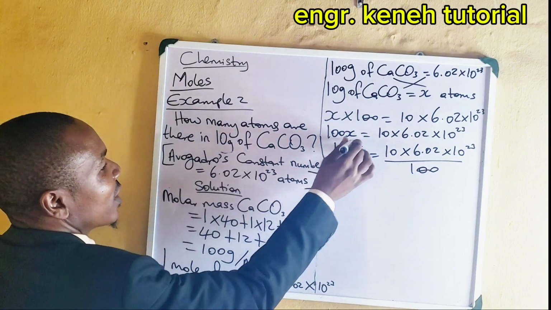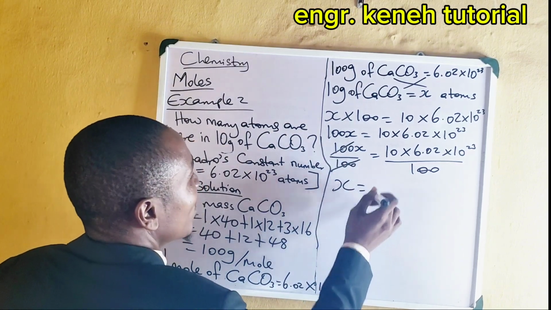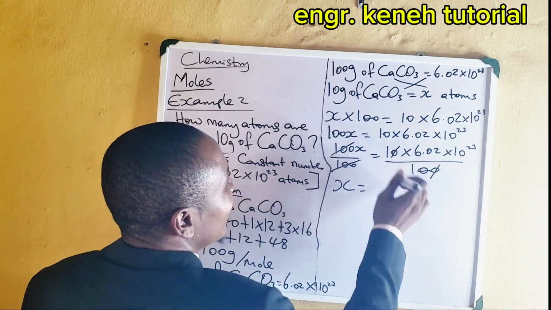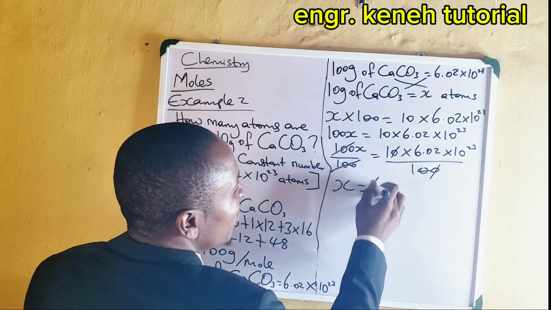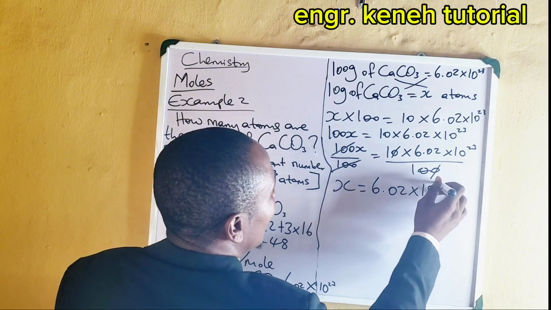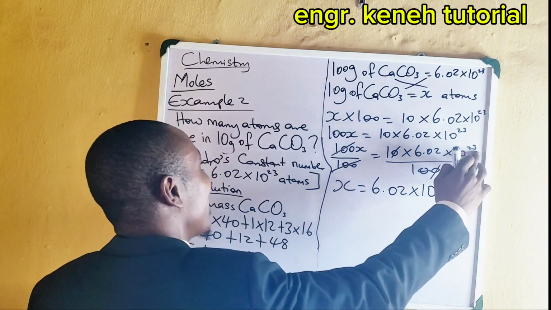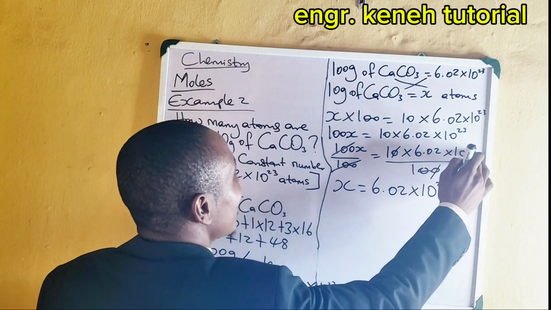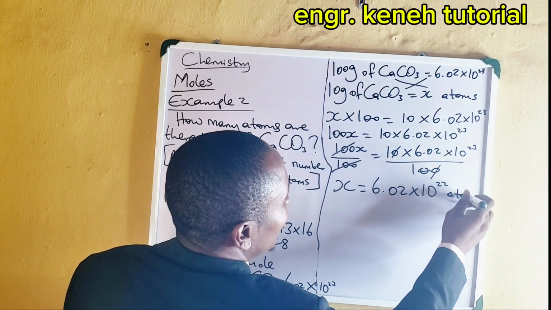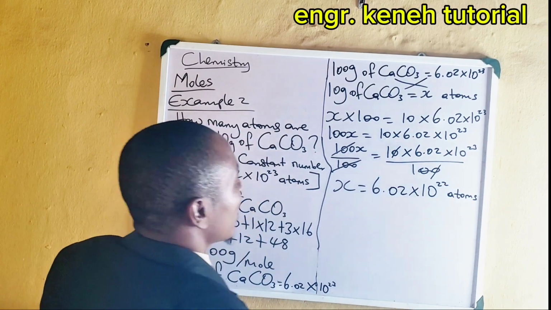So I will cancel this, cancel this. I have that x is equal to, looking at this, I will cancel this, cancel this. When 10 divides this, it will give me 6.02 times 10 raised to power 22. Remember here is 23, but because the 10 is dividing, it will reduce to 22. So we have atoms like this. Is it clear?